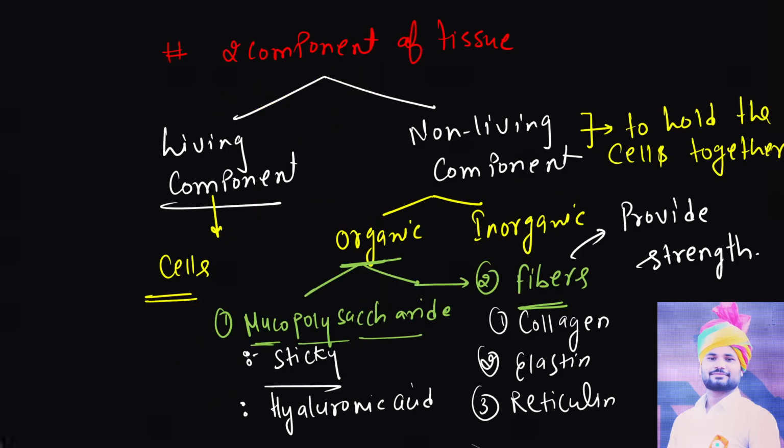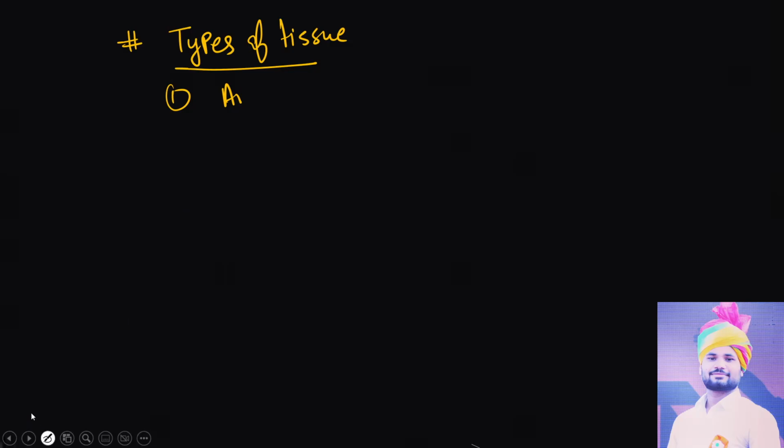What tissues do we have to study? All animals have four types of tissues. So I'm going to discuss types of tissue. We will talk about epithelial tissue. We have to talk about the connective tissue.